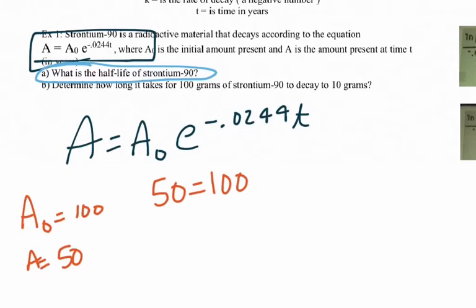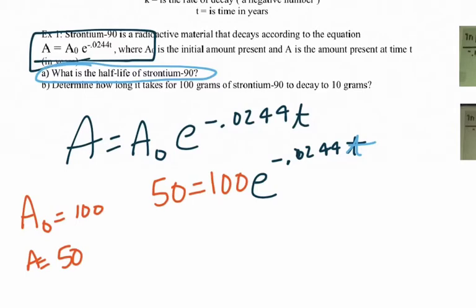And basically I'm going to times it by e to the negative 0.0244 t, and in order to solve this particular question for the half-life, I'm actually looking for the t value here. Now, if I didn't choose to start with 100, let's say I chose to start with 80, then my a value would be 40.